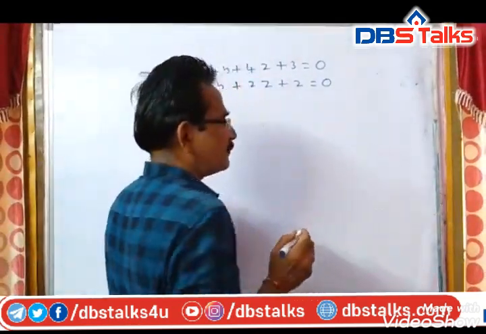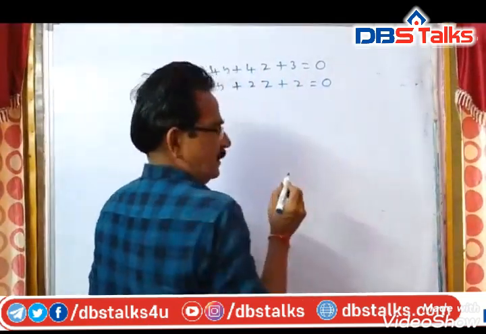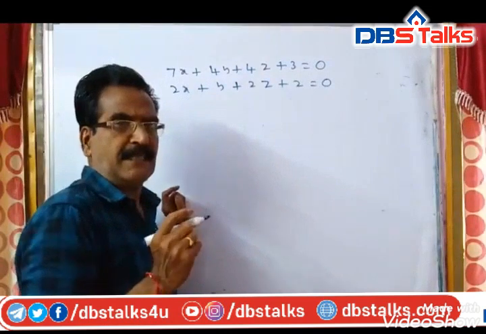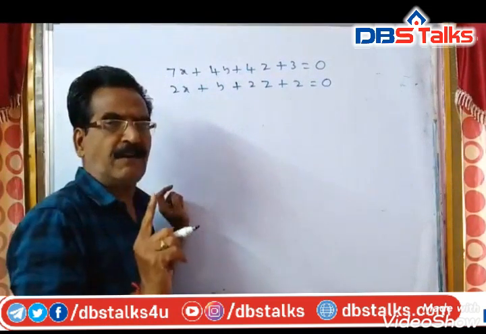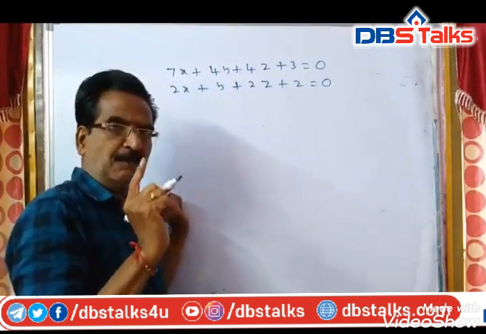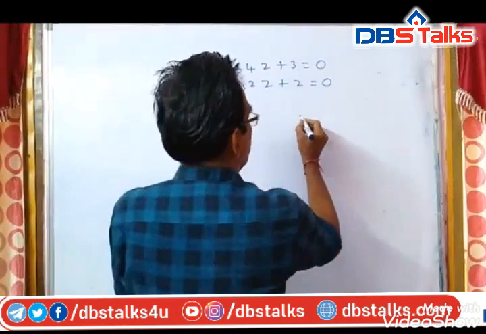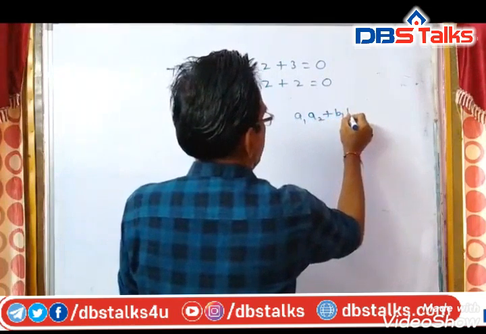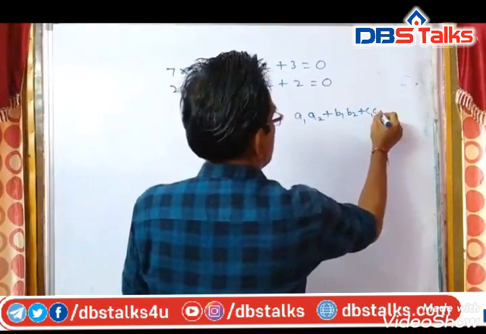Friends, in case of this bisector equation, first we have to find the value of a1a2 + b1b2 + c1c2.